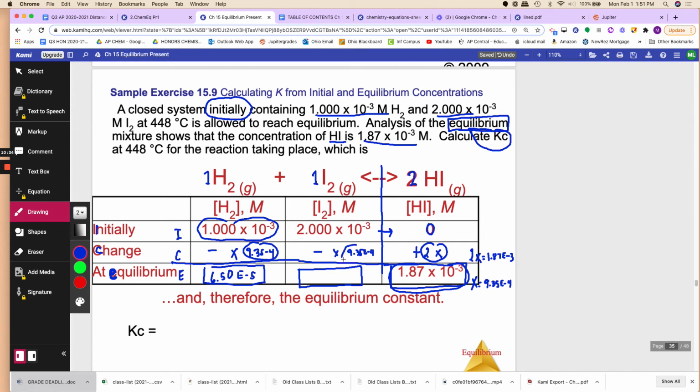Do the same thing here. You're subtracting 2 e negative 3 minus 9.35 e negative 4, which is 1.065 e negative 3.